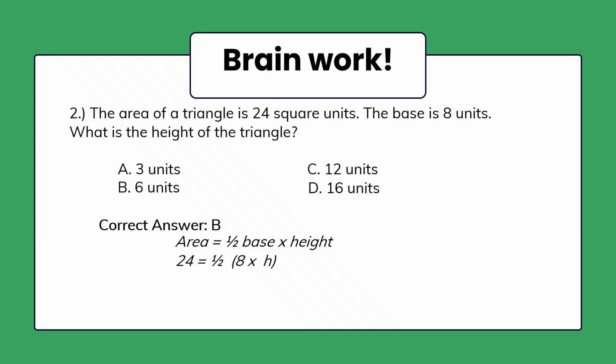So we have here, area is 24 and base is equal to 8. Then we're going to simplify and we can get 24 is equal to 4 times height. It is because 1/2 of 8 is equal to 4. Then we're going to solve for h, or the height, by dividing 4 both sides of the equation. Then we get the height of the triangle is equal to 6 units.